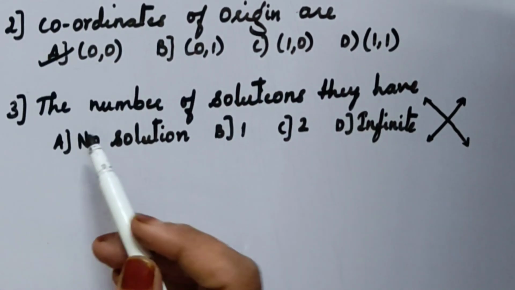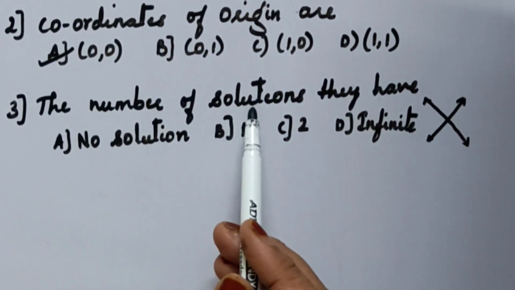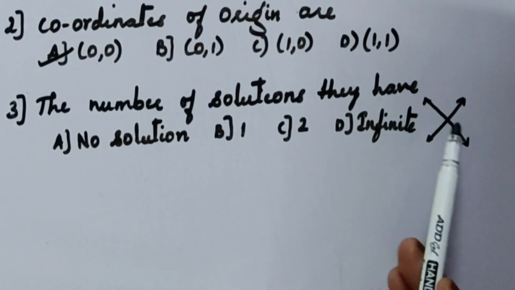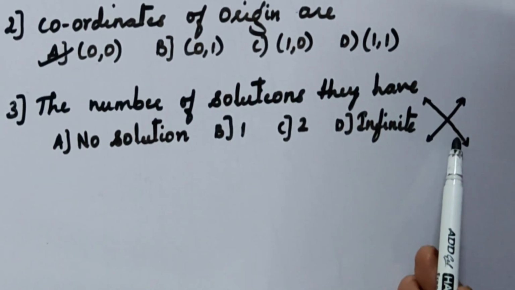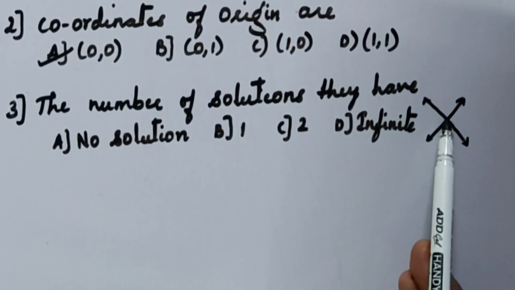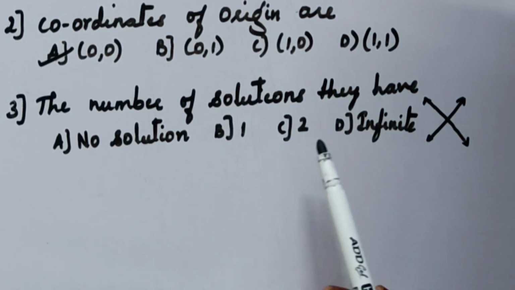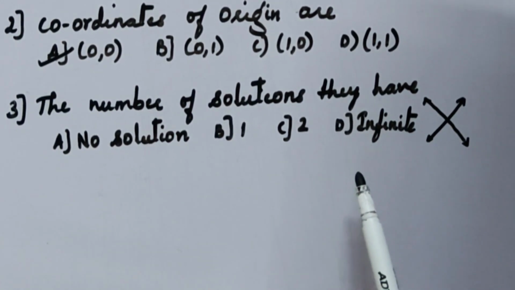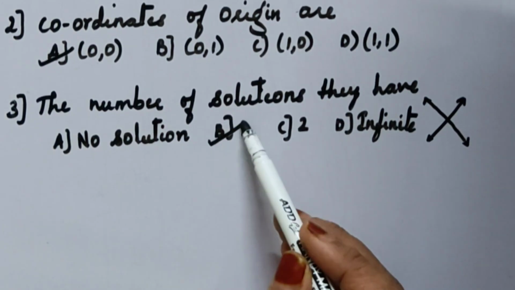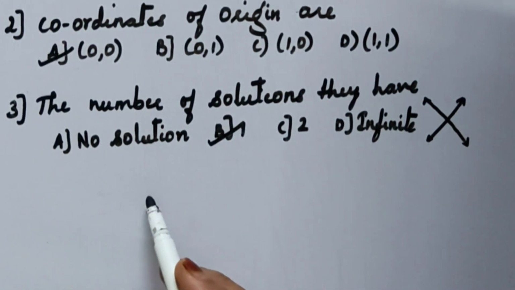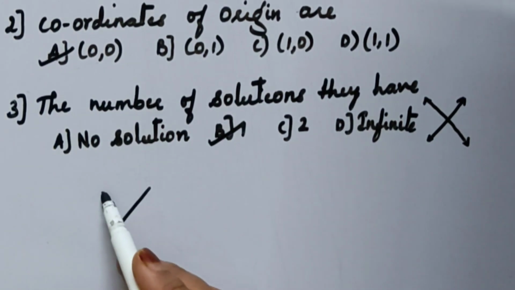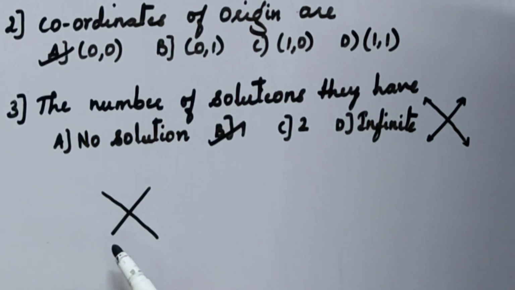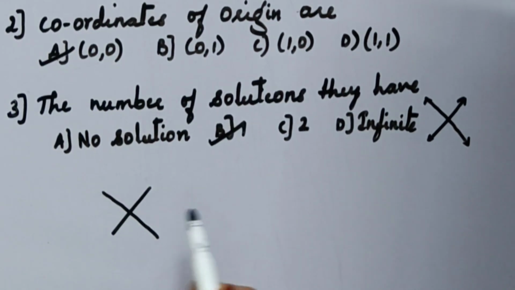Now, this is the third question, the number of solutions they have. So this is the figure, right? In this figure, you can see it is meeting at only one point. When it is meeting at only one point, we say it has got only one solution. Okay, students, you can see that these are intersecting lines, which have only one solution.